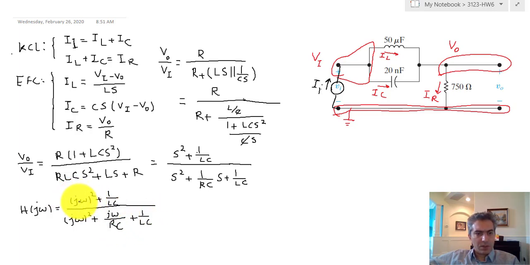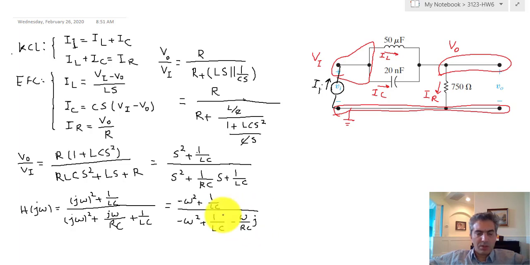Now, if you notice, (jω)² is j², which is minus 1, so that would be minus ω² plus 1 over LC over minus ω² plus j over RC ω. Actually, let me write it the other way around: it's plus 1 over LC minus ω over RCj.